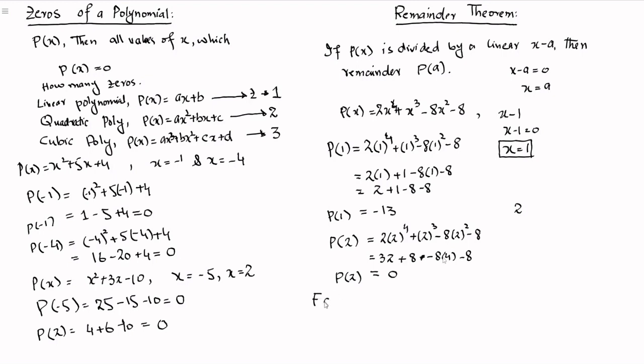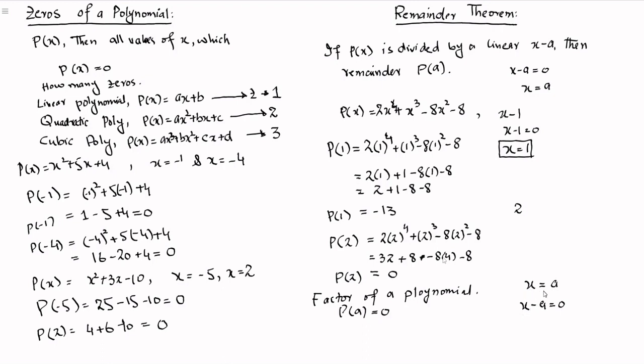Now, what is a factor of a polynomial? If x is equal to a is a zero of a polynomial p of x, then x minus a is equal to 0.